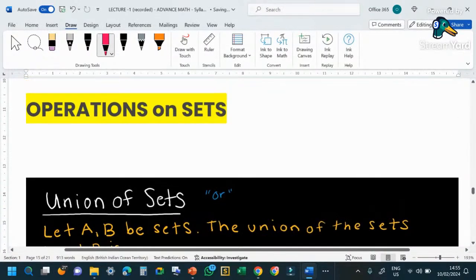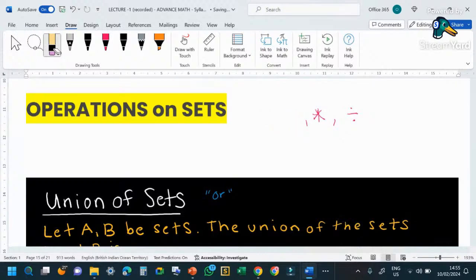Now we move on to operations on sets. If we have operations with numbers like plus, minus, times, and division, then we also have operations on sets.